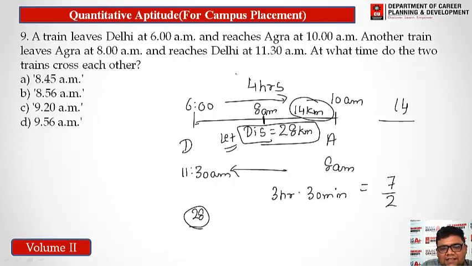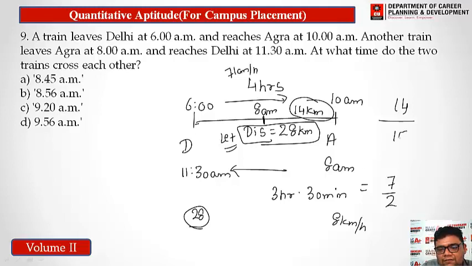It will be 7 kilometer per hour, and for the train from Agra to Delhi we will take it as 8 kilometer per hour. Simply divide 28 by 4 and 28 by 7 by 2. That will give you the speed.